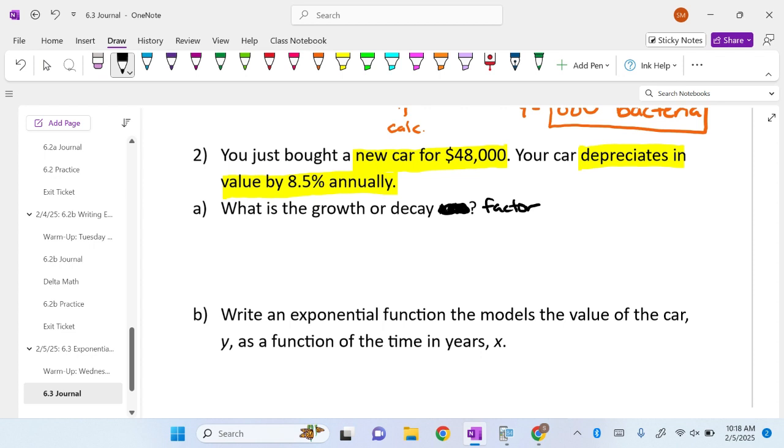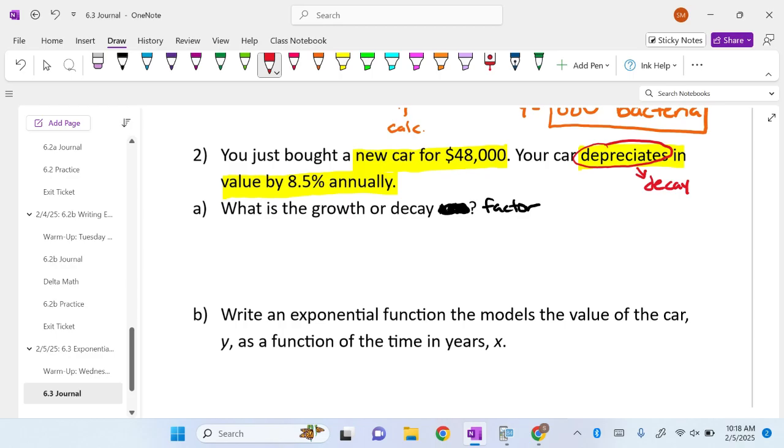So first off, we need to determine, is this going to be an exponential growth or an exponential decay problem? And how do you know? Right. So the word depreciates means it's going down in value. So this is a decay problem.